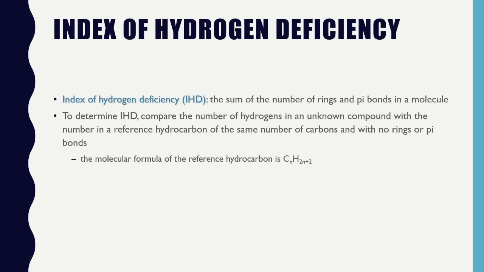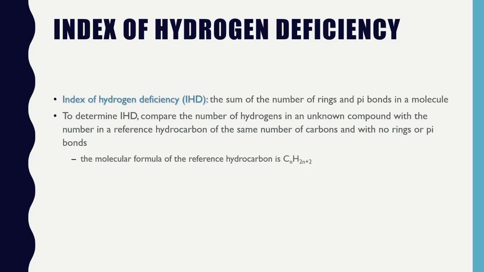Okay, so we have a pretty important equation. I do want to mention that most textbooks don't cover this equation until way later. I don't know why. I want you guys to know this day 2. And it's the index of hydrogen deficiency. Basically what it allows us to do, we're going to be comparing formulas for how many hydrogens they actually have to the corresponding alkane.